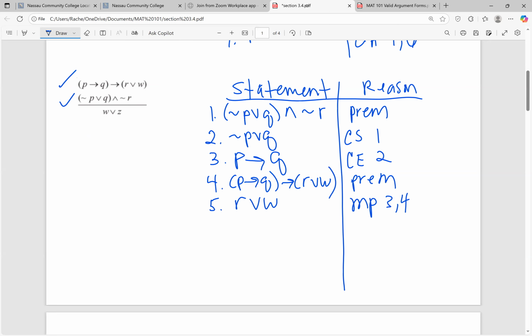So now we have to think, okay, how can I get to the conclusion, right? Which is W or Z. We need W, right? There's no other Z in this entire argument. But I'm thinking, you see how we have W in statement 5, R or W?